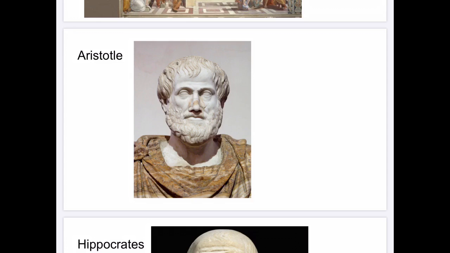So for instance, an acorn grows into an oak tree. So it may appear as if it's defying gravity, although gravity was completely not an idea that he had. But it's moving upward, which seems like not its natural direction, but it was obeying this idea of natural place. It was coming into its fulfillment as an oak tree. And any living thing would do that, would grow and mature and come into its natural place.